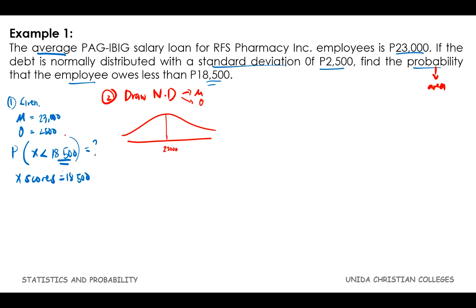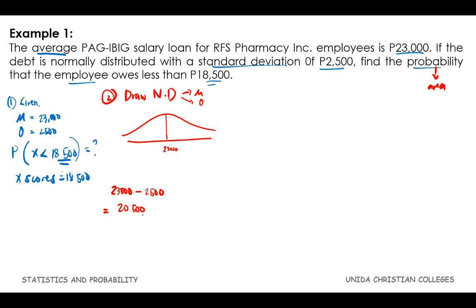Okay? So, input natin. Dahil alam natin ang average natin is 23,000. Let me erase. Okay? Alam natin na 23,000 minus 2,500, which is our standard deviation. So, ang makukuha natin is 20,500. Okay?